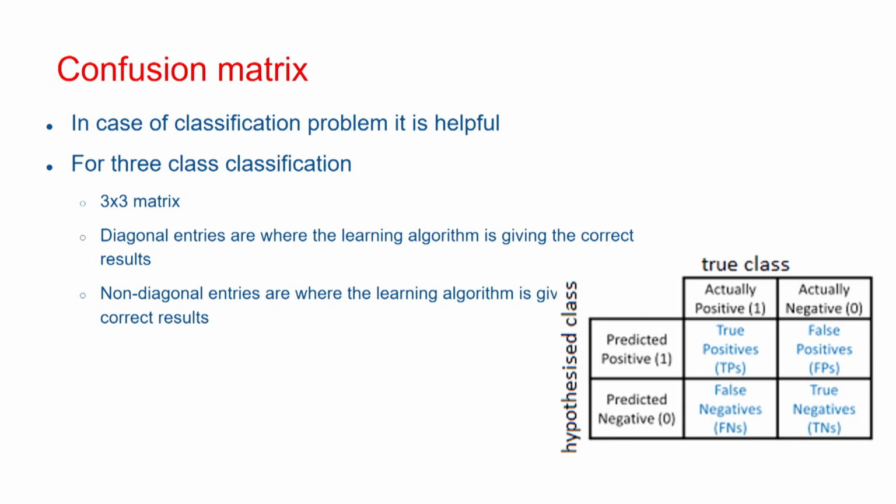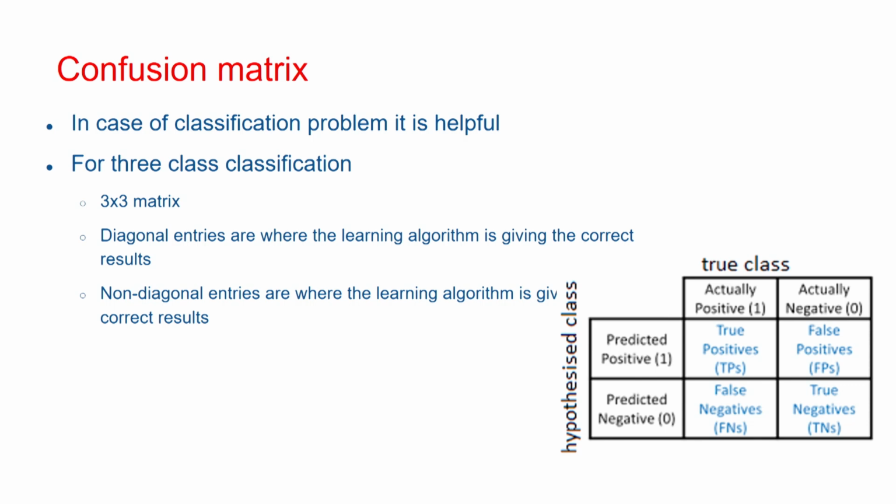One entry will correspond to predicted positive and actually positive. This entry is called true positives, meaning these instances were actually positive and the machine learning algorithm also predicted them as positive. Then the second entry corresponds to predicted positive and actually negative.